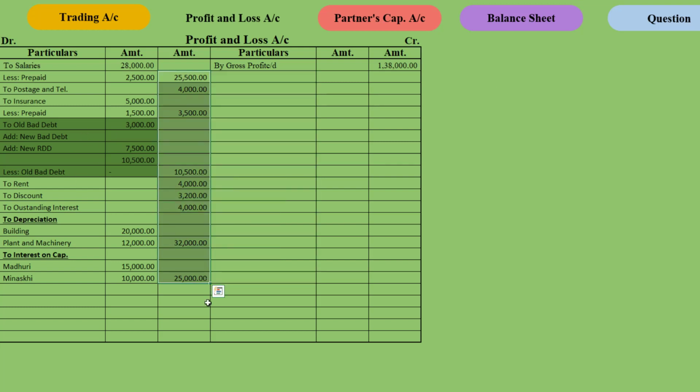What is the total? 1,11,700. I will write here 1,11,700, and here the total is 1,38,000. Which one is higher? Debit side is higher or credit side is higher? Obviously credit side is higher. That is, 1,38,000 will be written like this on both sides.